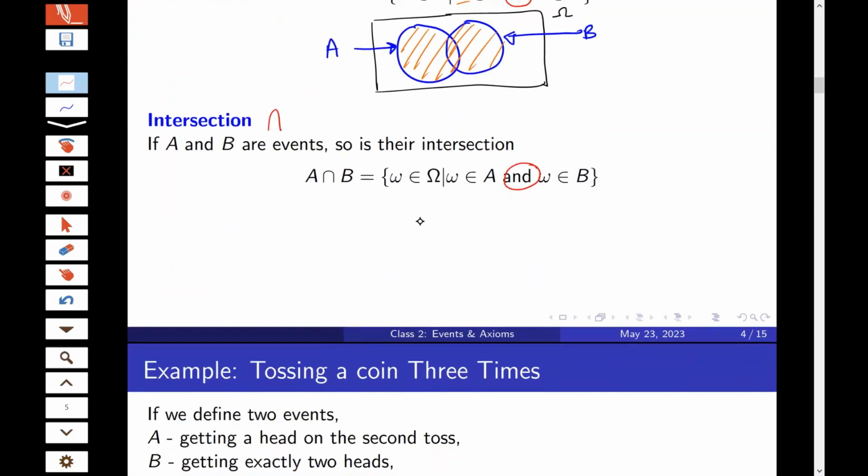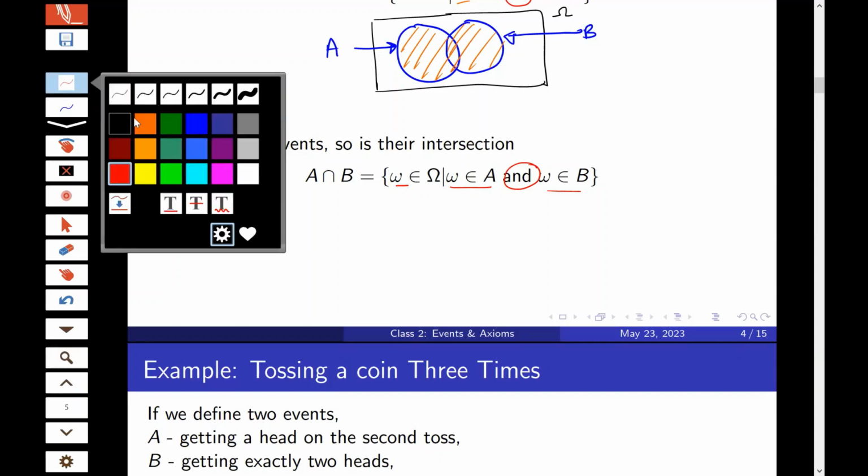When it is intersection, the keyword is AND, A and B. So A and B means all omegas in the sample space, and this omega must stay in A and B. So omega should be in both A and B. That means the common region.